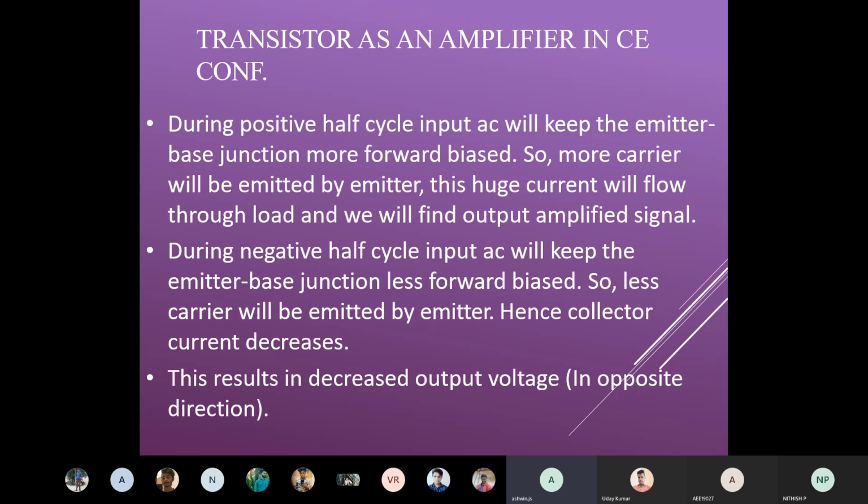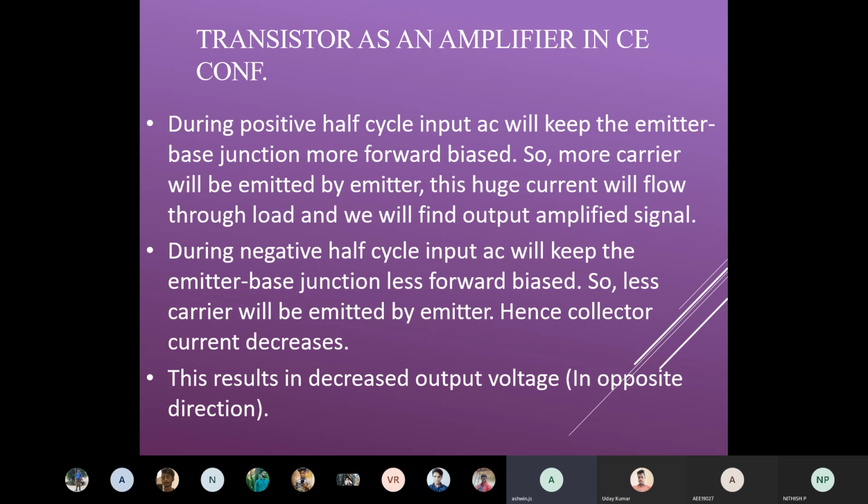More forward bias means the transistor is in on condition. So base is 1 milliamp flowing, and the collector to emitter current will be higher. More carriers will be emitted by the emitter, this huge current will flow through the load, and we will find the output amplified signal. So we are talking about current amplification.